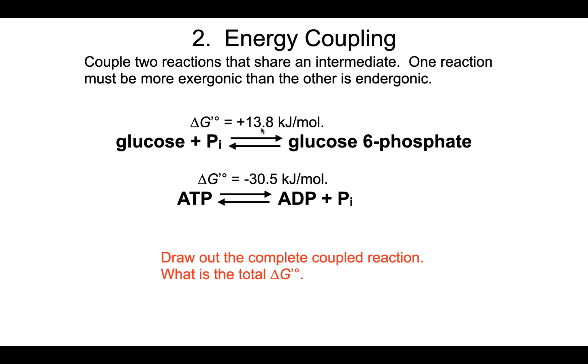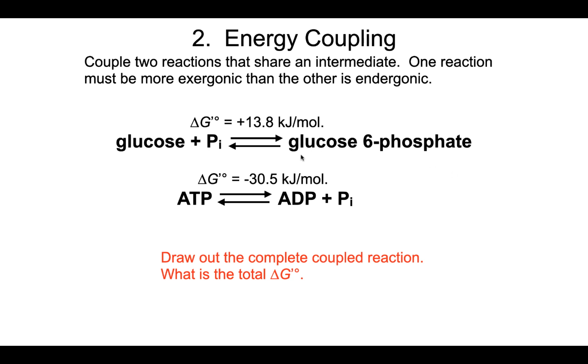We don't want that. And we already found out that if we wanted to change the concentrations, we'd have to have 500 times the concentration of glucose and inorganic phosphate to get it to go in the forward direction. And that is just not something a cell can do. So a cell has to take advantage of something else, and that's this reaction coupling.